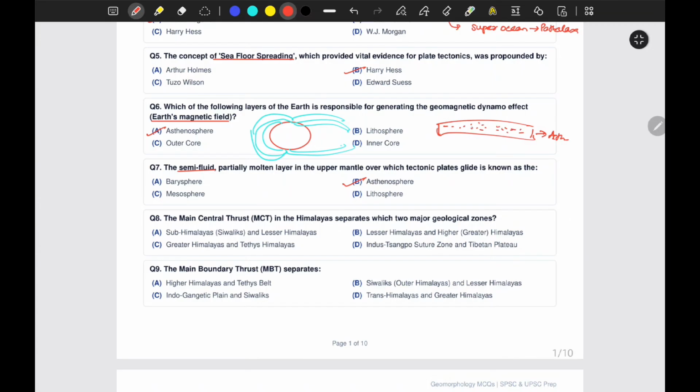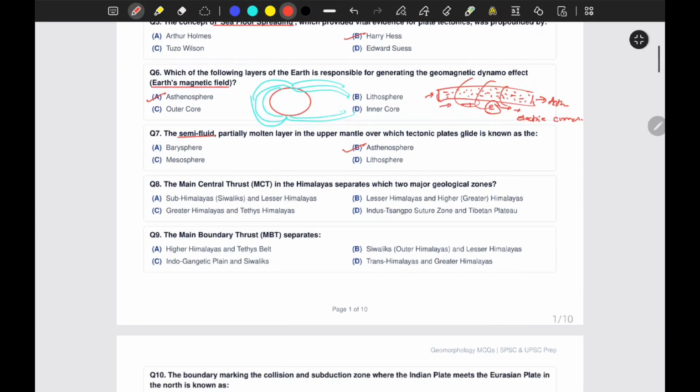That means the metals in molten state here are in constant motion. Metals contain electrons, protons, right? So when electrons are in motion, what do you call that? It is known as electric current. And when there is a current, you know that a magnetic field is induced. Hence this is how the magnetic field of Earth comes into existence.